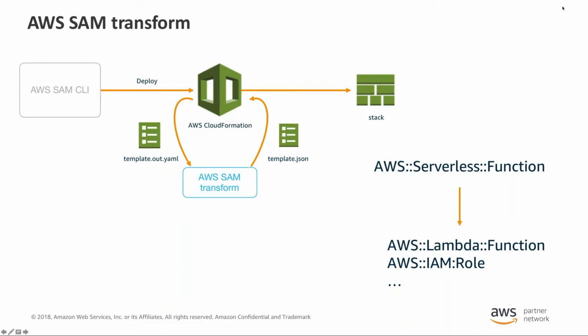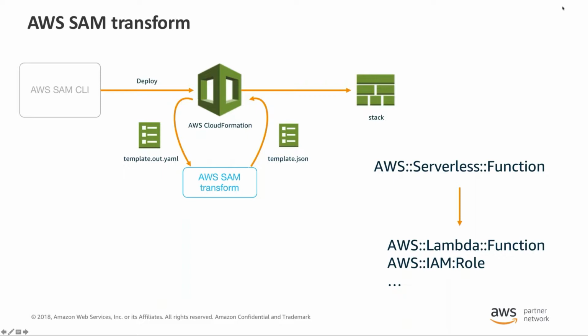So this allows you to manage your application entirely within the native CloudFormation constructs that you already know and love. You still have access to all of the same features that you do for managing CloudFormation stacks when you're using SAM. And all of the translation and transformation between the SAM template concepts and the CloudFormation resource types gets handled for you automatically.